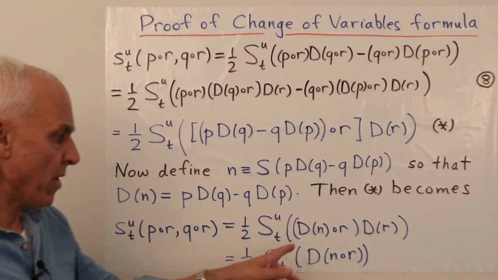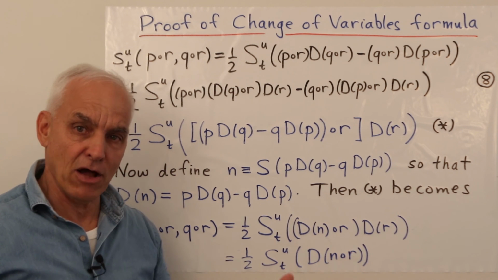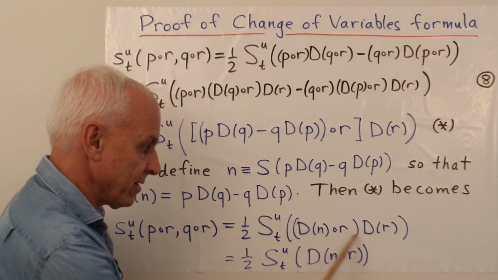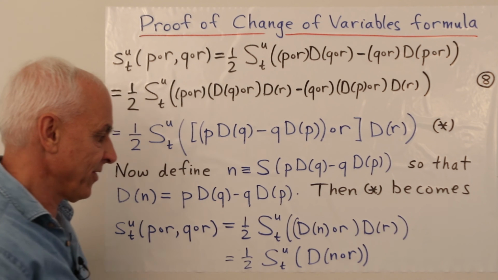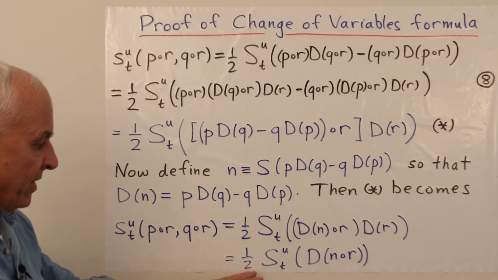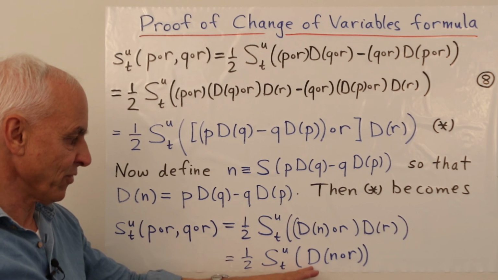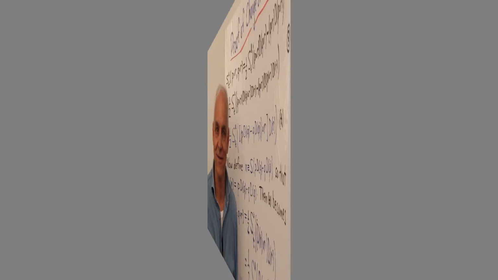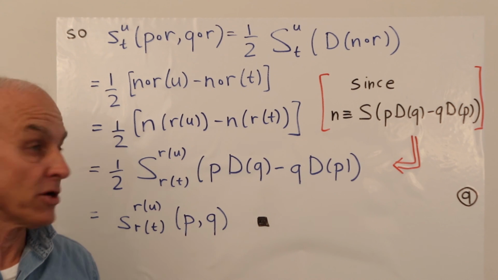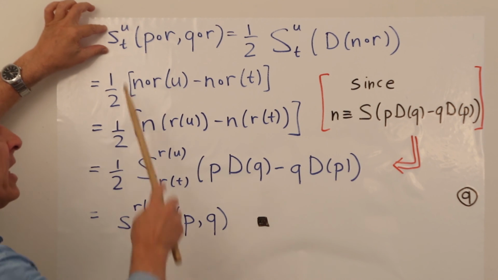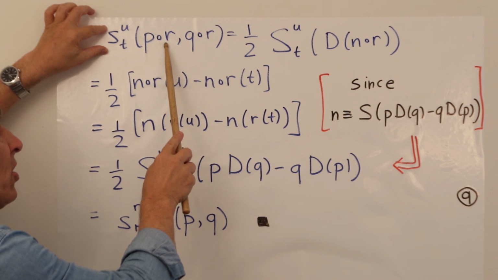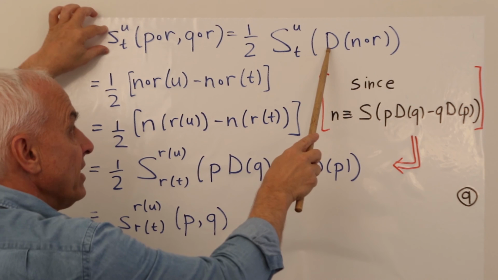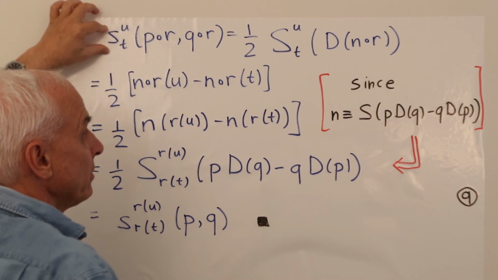But now we recognize that this is itself a derivative of n circle r. That's just the chain rule applied to this. So we've reduced it to something that's an integral of a derivative, integral from t to u. That's quite convenient. All right, so here's where we are so far. We have the signed area from t to u of p circle r, q circle r, equals 1/2 Faulhaber integral from t to u of d of n circle r.